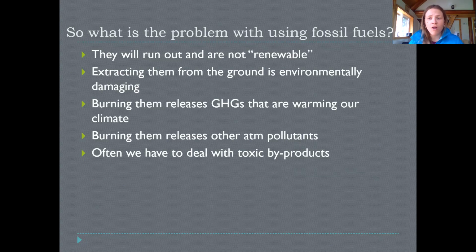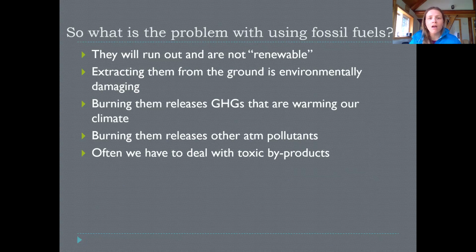Fourth, burning them unfortunately doesn't only release carbon dioxide, but it also releases other kinds of atmospheric pollutants. These carbon hydrogen chains or coal compounds aren't exclusively just carbon and hydrogen, but have other sulfur or nitrogen or mercury bonded in some of those structures, so when we burn them, those contaminants are released into the atmosphere as well. We talked about atmospheric pollution, and a lot of that is associated with burning of these fossil fuel types.